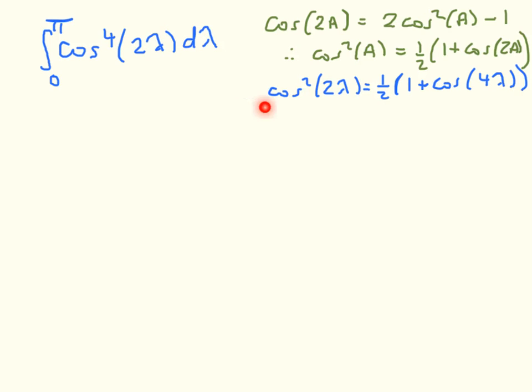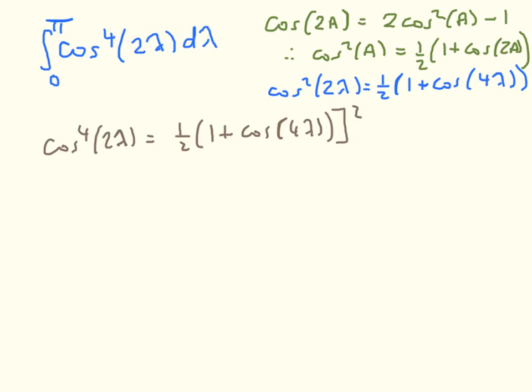So this is our result for cos squared, and cos to the power of 4 is cos squared, squared. So cos to the 4 of 2 lambda is (1/2 (1 plus the cosine of 4 lambda)) all squared.